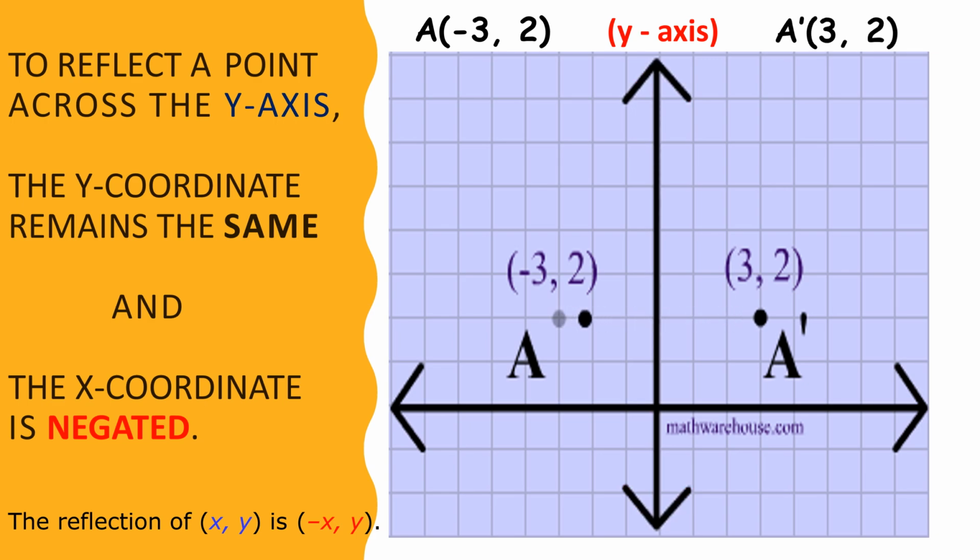The y coordinate remains the same, that is 2, while you negate the x coordinate, meaning that you multiply the x coordinate by -1. So if you have it as negative before, it turns to positive. If you have it as positive before, it turns to negative.